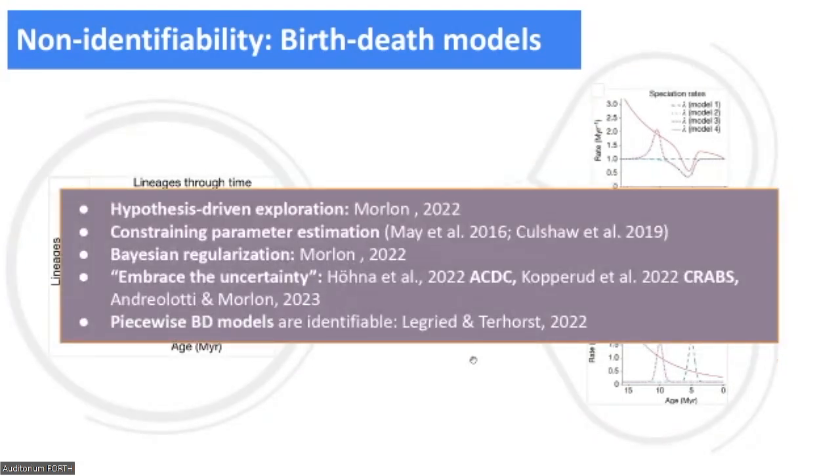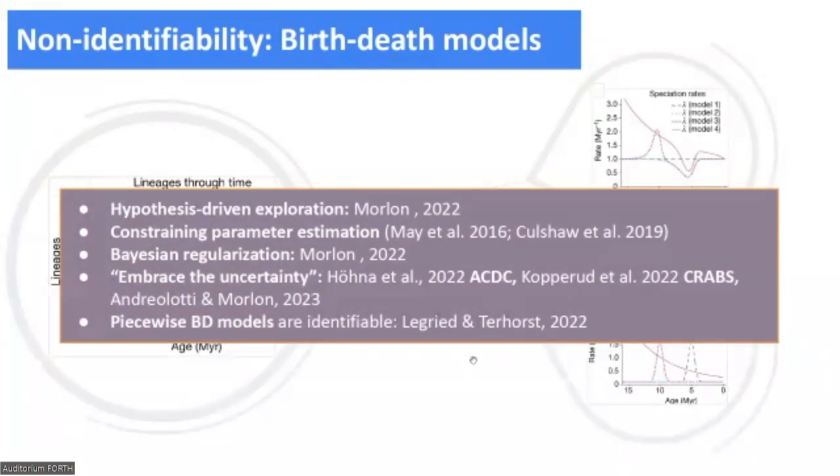So to try to solve all of these identifiability problems, different solutions have been proposed by different authors. One of the solutions is hypothesis-driven exploration, which consists of constraining the model selection to a given set of models based on prior biological knowledge. Also, you can try to constrain the parameter estimation.